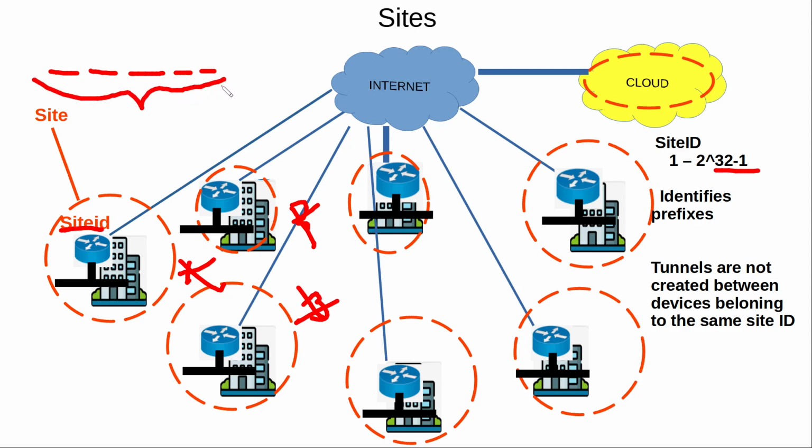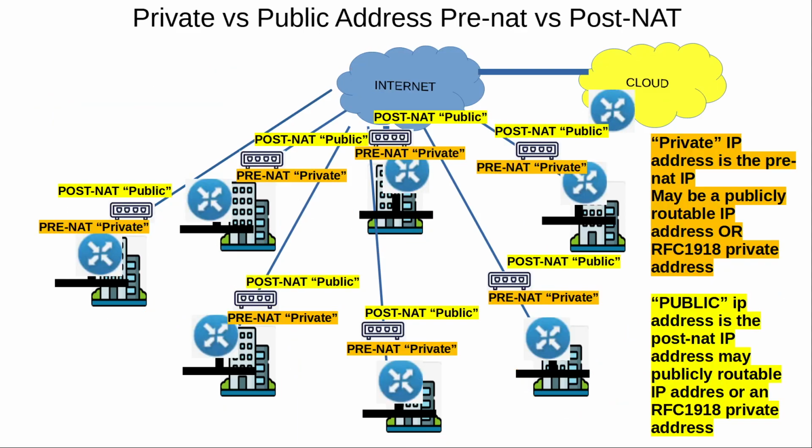For instance, a headquarters, a public cloud site, a branch office, or a data center. And for instance, the next 8 bits will define the country where this site exists, and so on. Remember that when you have two devices that are in the same site, they will not create a tunnel between them. Tunnels are not created between devices belonging to the same site ID.